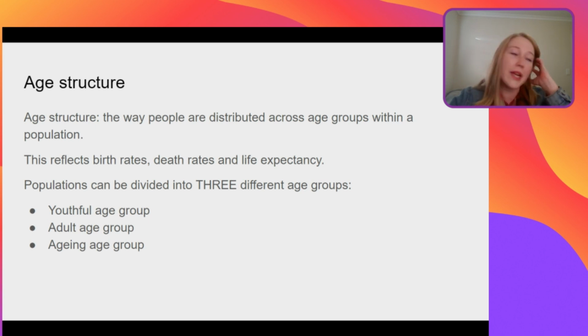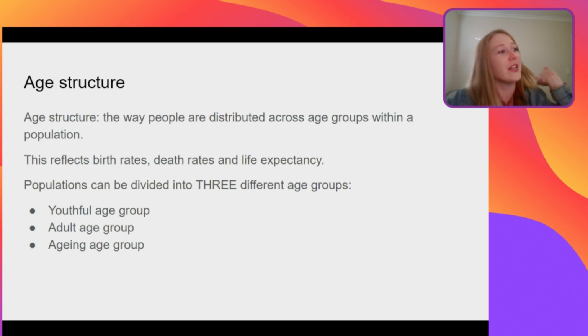So we break it up into three groups. We have the youthful age group, we have the adult, and we have the aging. And these groups are pretty much defined by their ability to have a job. It's a terrible way of classifying these groups, but yes.